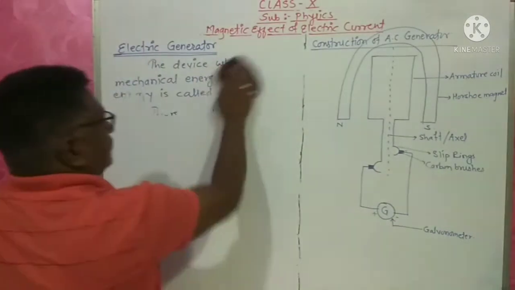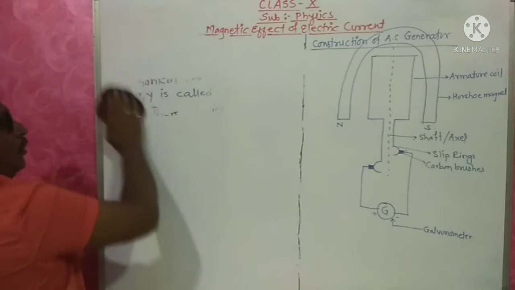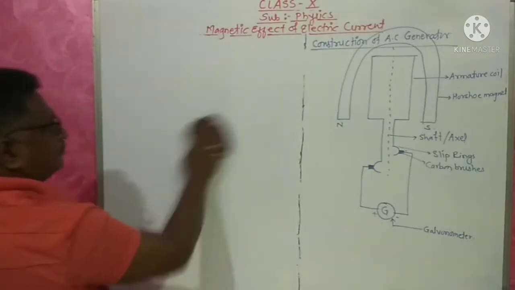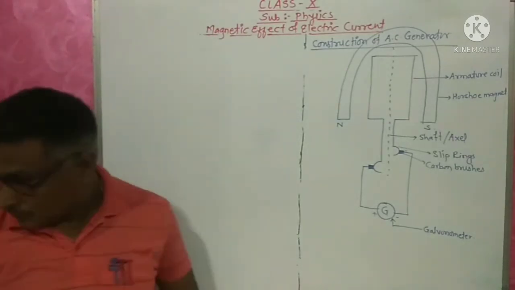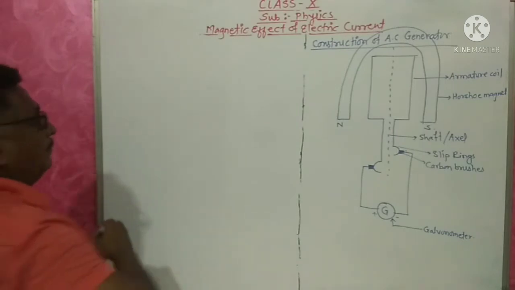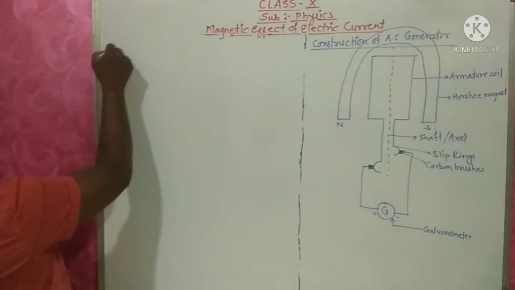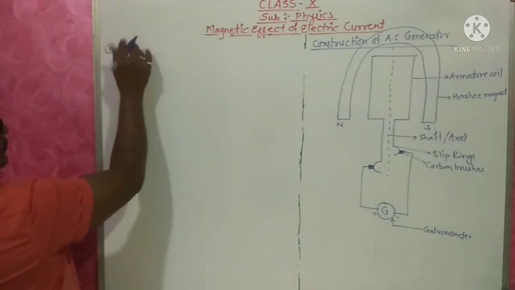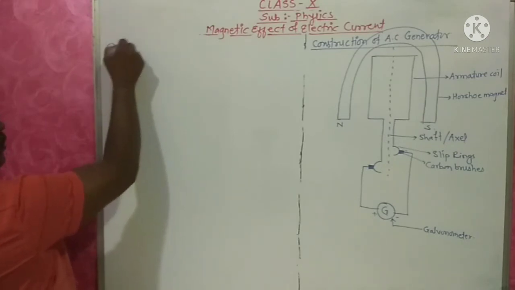So first, what will come? Horseshoe magnet, number 1. Or here we will write strong magnet.